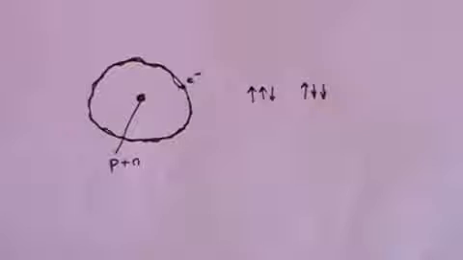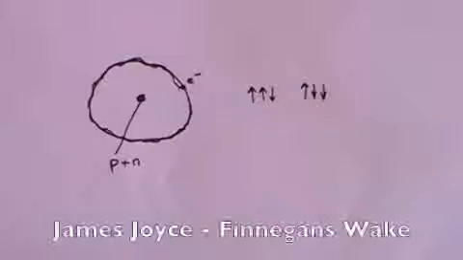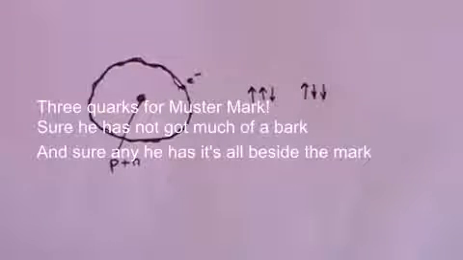And they look as though they ought to be pronounced quark, and I don't think there's anything wrong in calling them quarks. He wanted to call them quarks, so conventionally that's what we do. The name comes from James Joyce's Finnegans Wake, where the line goes, 3 quarks for Muster Mark, sure he has not got much of a bark, and sure any he had.